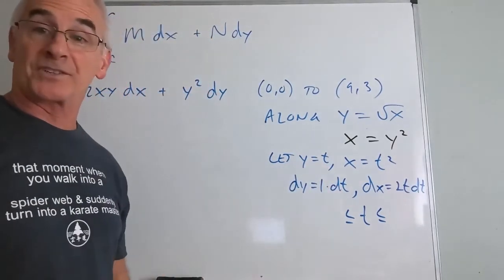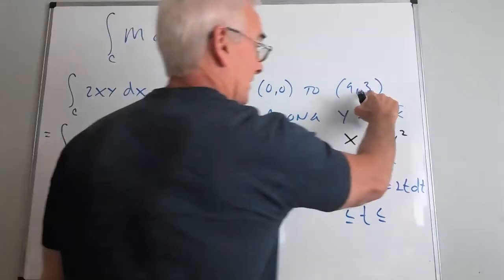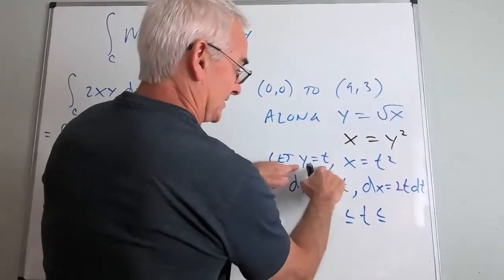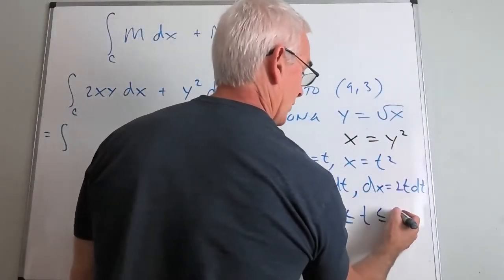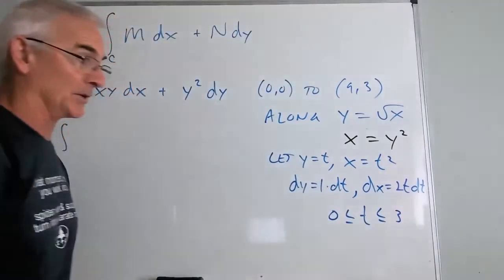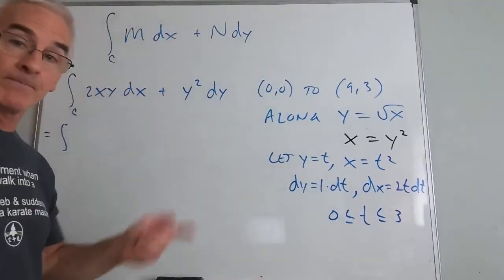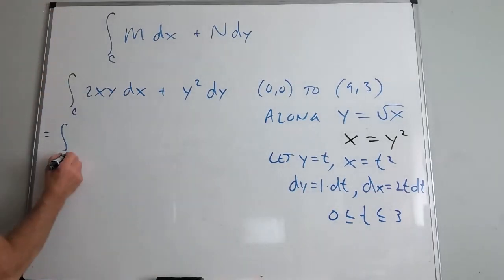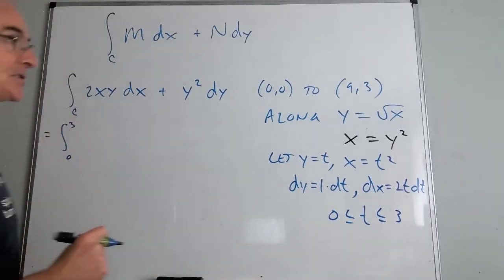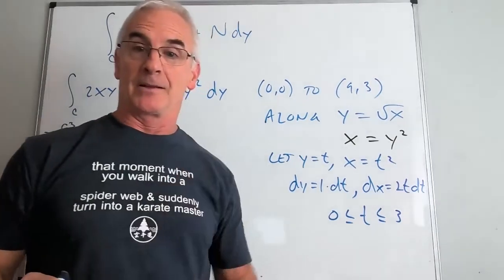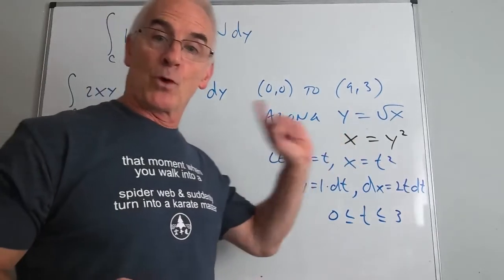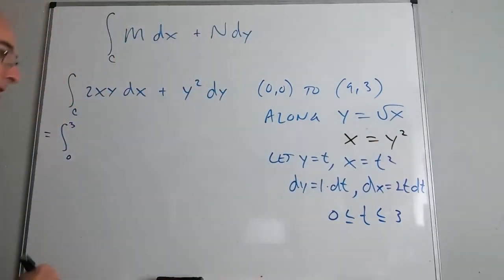Since y equals t, it's got to be 0 to 3 because y is our t. So in other words, y is ranging from 0 to 3, and we chose y to be the t. We could have done it the other way, but this is an easier parameterization. So this is 0 to 3. I've just indicated to you the first common error is to choose the wrong value for your t.